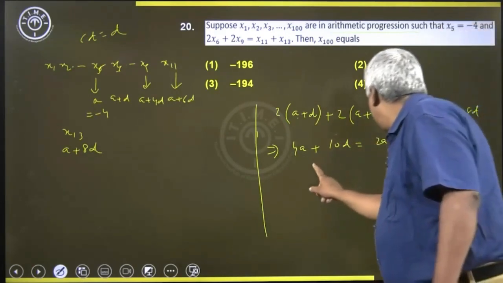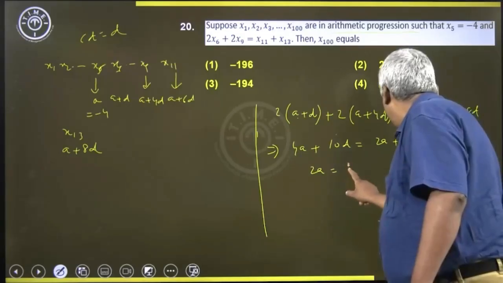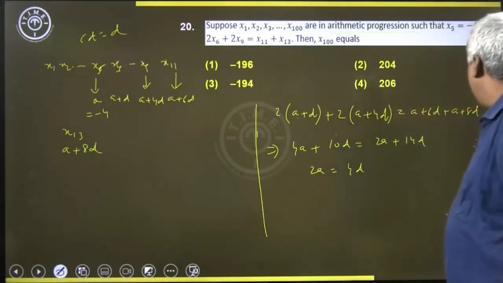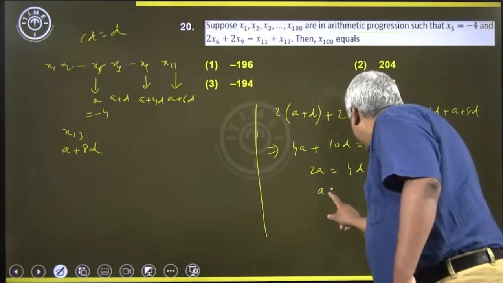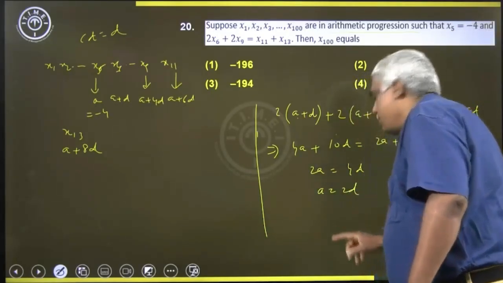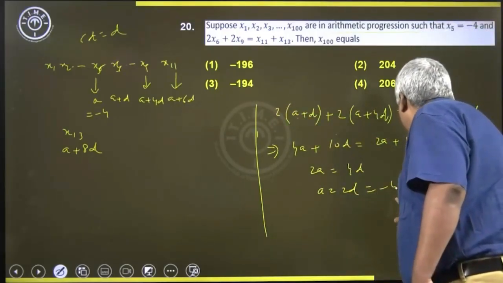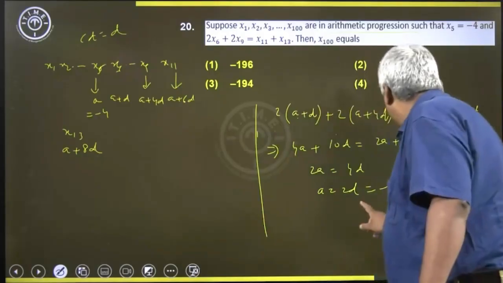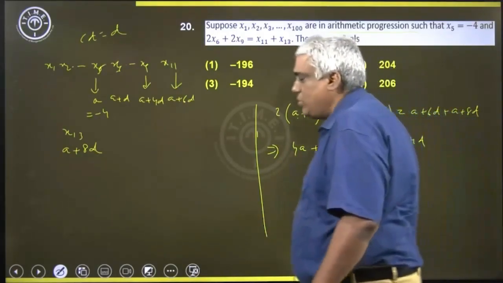If I take 2A to this side, 2A equals 14D minus 10D, which is 4D. So A equals 2D, and A is given as minus 4. So 2D is equal to minus 4, so D we got is minus 2.